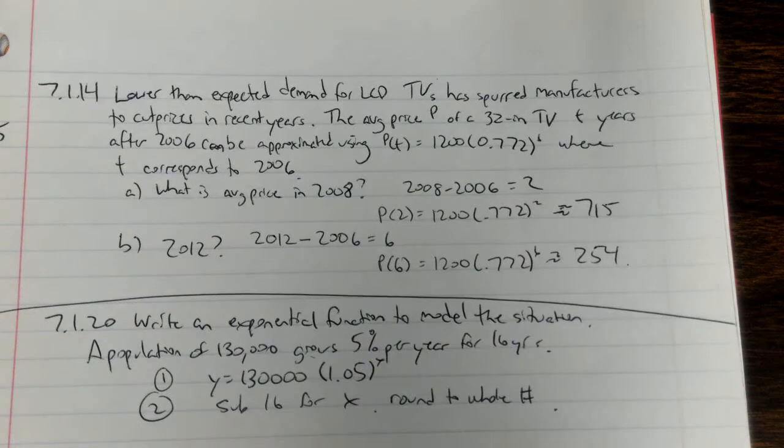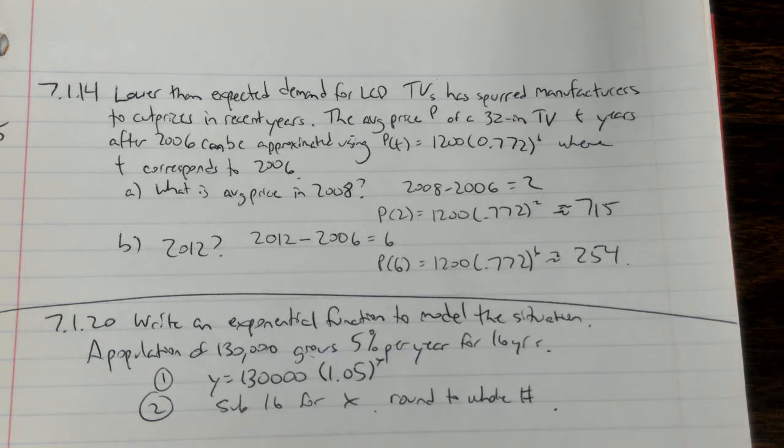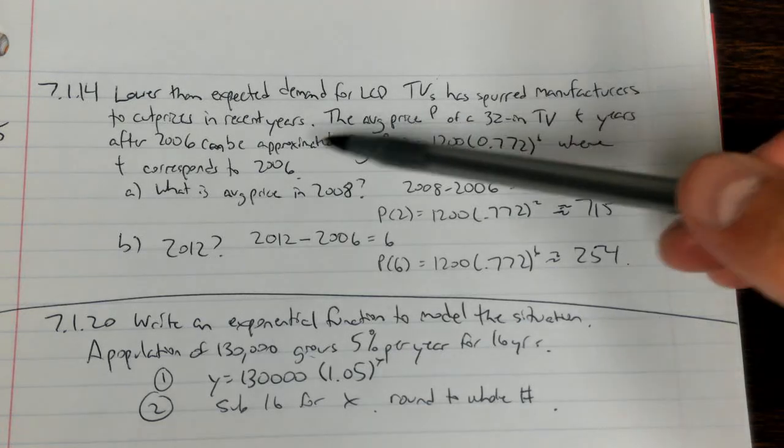On the next one, lower than expected demand for LCD TVs has spurred manufacturers to cut prices in recent years. The average price P of a 32-inch TV T years after 2006 can be approximated using the formula 1200 times 0.772 to the T, where T corresponds to 2006.